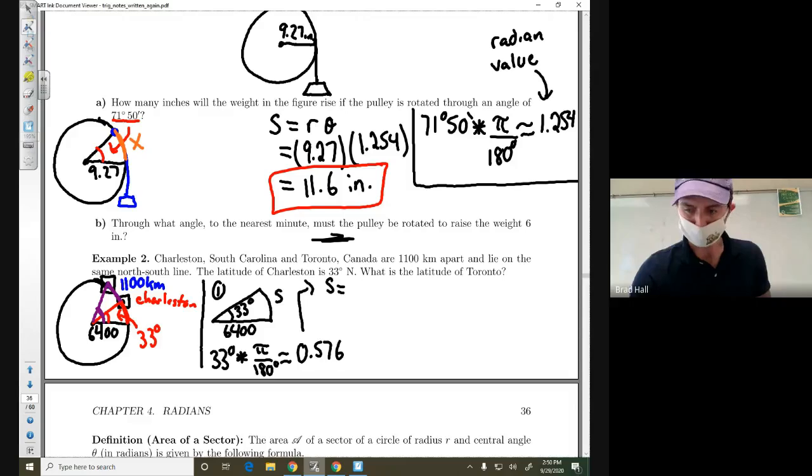And so now the arc length is r times theta. The radius is 6,400, which was given to us, times 0.576.